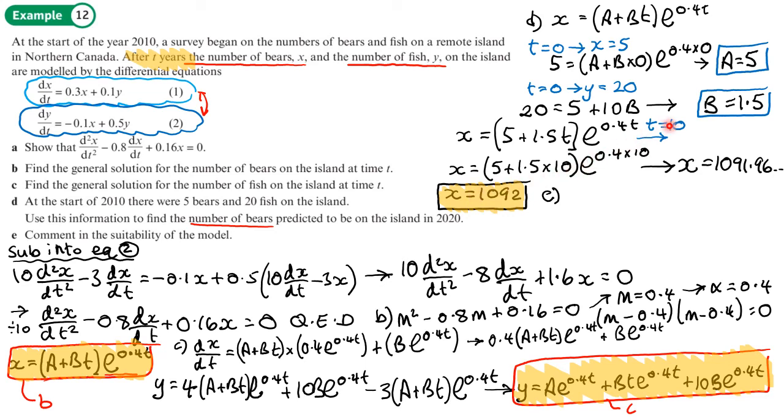And if you were to try a larger value of t, let's say 100, let's try that. In 100 years, I would get 3.6487 times 10 to the power of 19 bears. That's an awful lot of bears. So, not really realistic for large values of t.